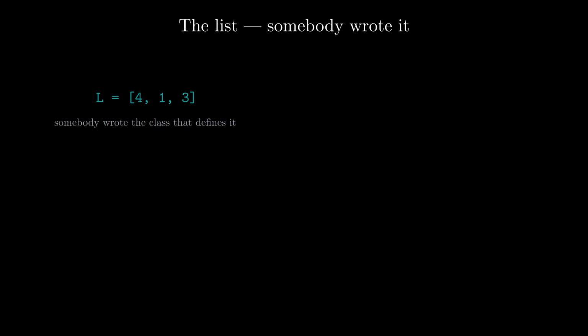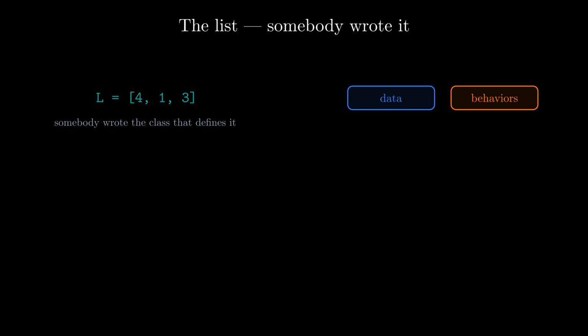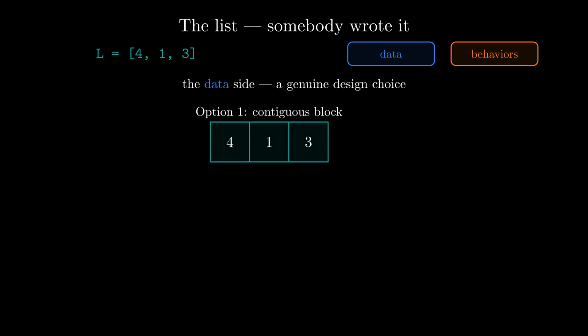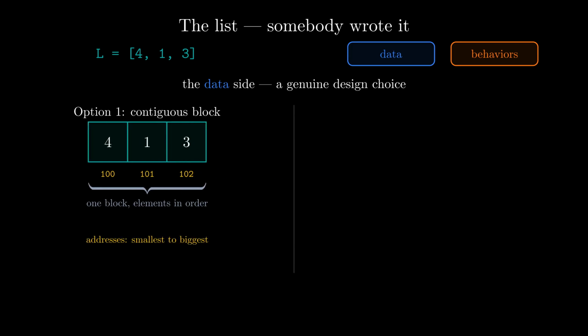Somebody behind the scenes wrote the code that defines the data type list, the data that makes up a list, and the behaviors a list can perform. On the data side, whoever created the list class faced a genuine choice. One option, allocate one contiguous block of memory and place the elements in that block in order, from the smallest memory address to the biggest.